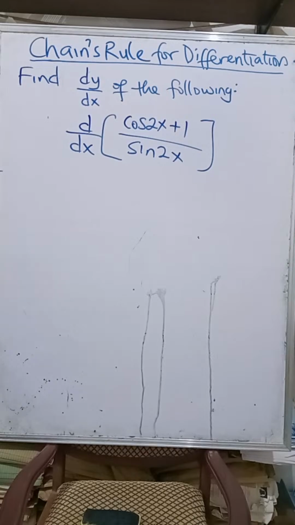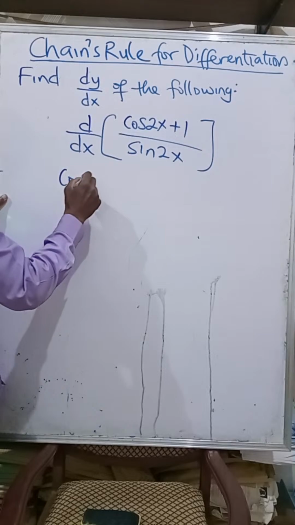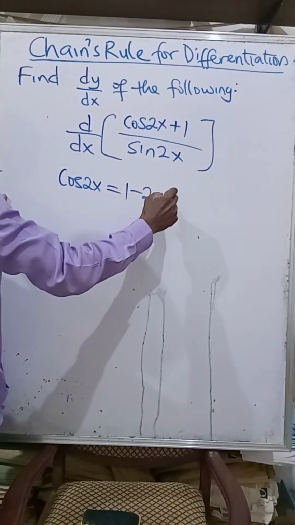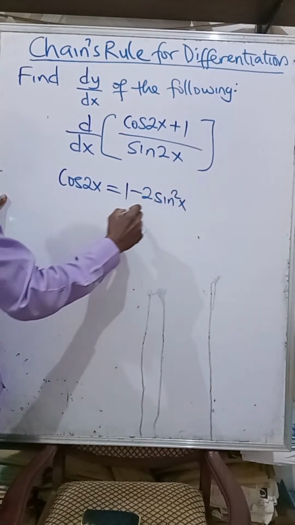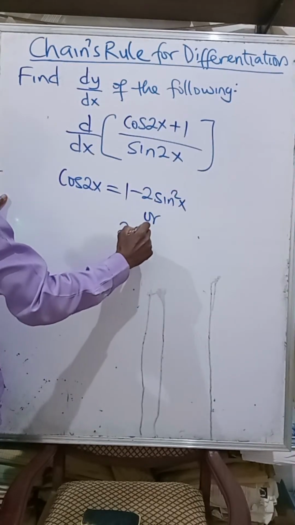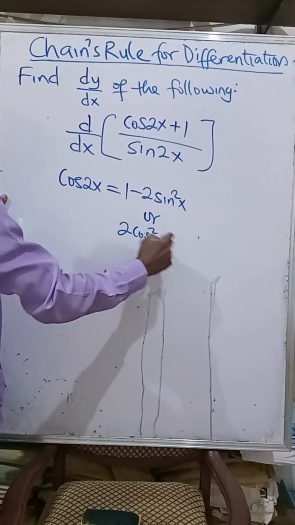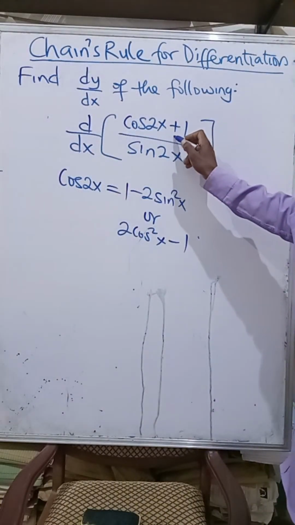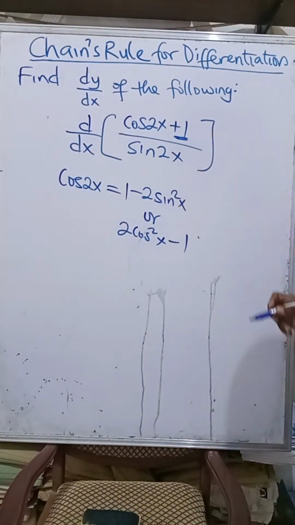Now we're going to play with identity. Cos 2x can be equal to 1 minus 2 sine square x, or 2 cos square x minus 1. So what we want to do now is find a way of cancelling this plus 1.